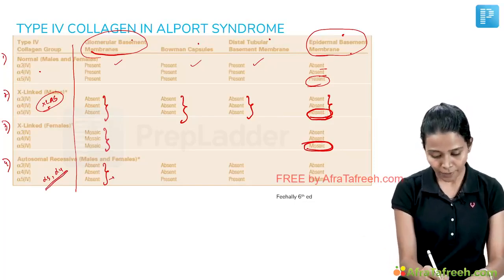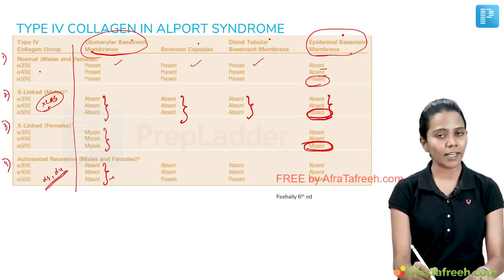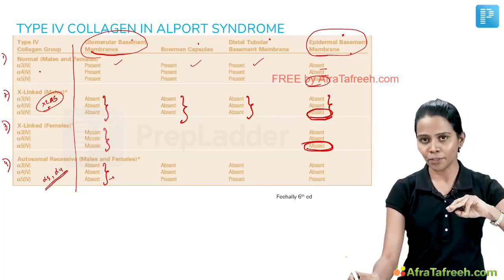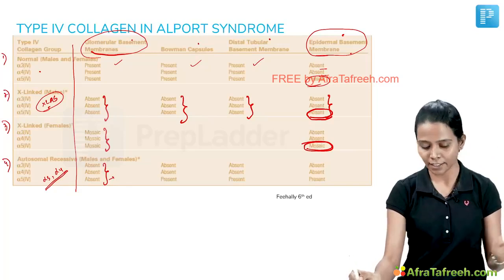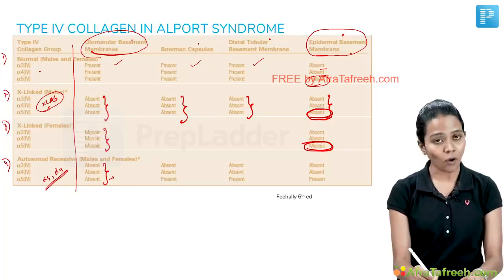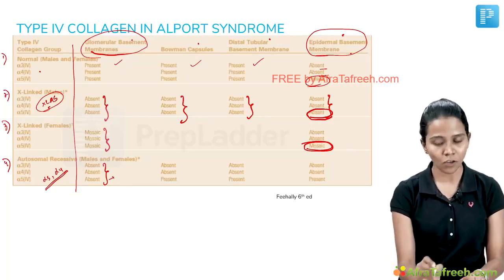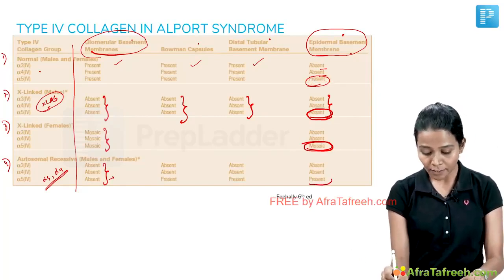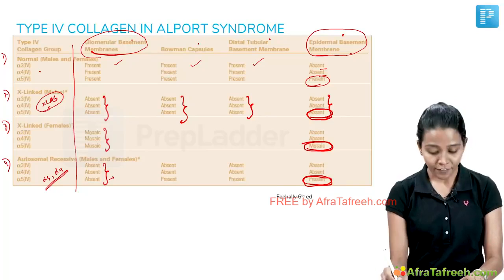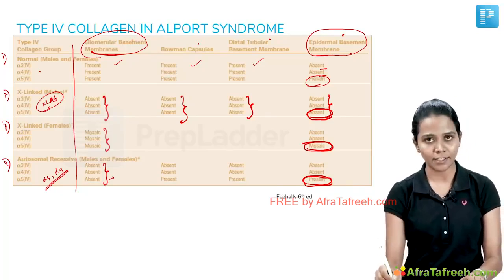So, what is going to happen? In the glomerular basement membrane, like I told you, all 3 has to come together. So, if one is absent, the entire thing is gone. So, all 3 are absent in glomerular basement membrane, but in the epidermal basement membrane, the alpha 5 chain is going to be present, right?